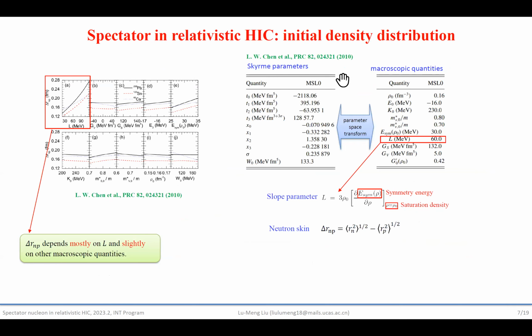Yes, we use these 10 microscopic quantities, and we found the neutron skin thickness depends mostly on the slope parameter of symmetry energy, and slightly depends on the other microscopic quantities.